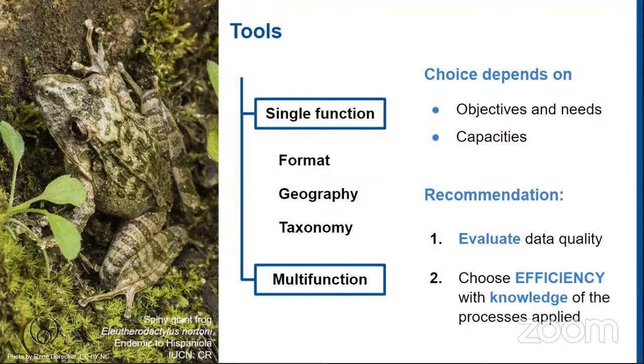For example, one way would be to use the data validator from GBIF to have a general idea which are the errors or flags that GBIF at least sees in the data.